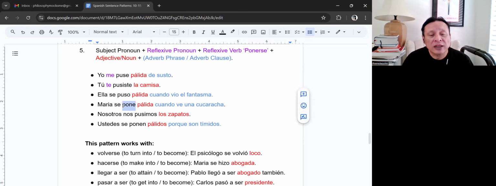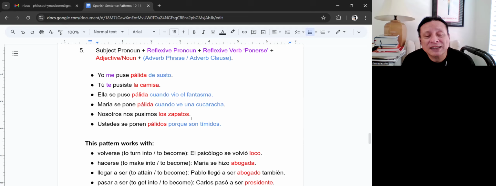Here's one with a regular present tense. Maria se pone pálida. Maria becomes pale when she sees a cockroach, cucaracha. When she sees a roach or a cockroach, we say cucaracha. Okay. María se pone pálida cuando ve una cucaracha.